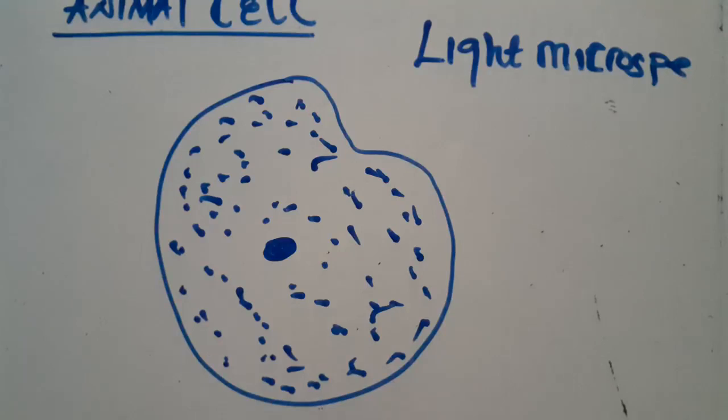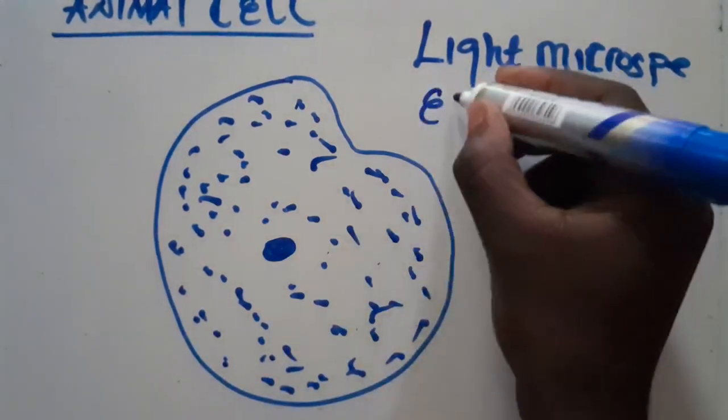We can talk about the red blood cells. We have not seen them. The red blood cells can be seen with the help of a microscope, and microscopes come in two types: a light microscope and an electronic microscope.